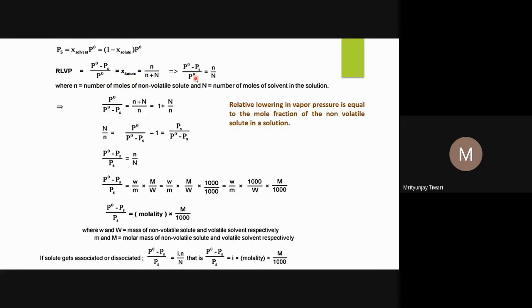So P naught minus PS divided by P naught, which means the relative lowering in vapor pressure, will be equal to n divided by N. The small n is the number of moles of the non-volatile solute, and capital N is the number of moles of the solvent, which is volatile. This is the approximate equation that we have obtained.